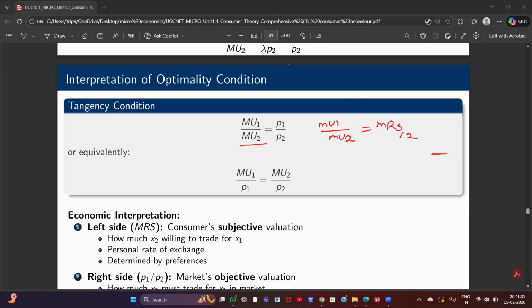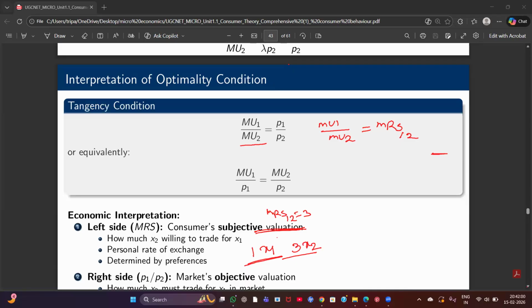If I say the value of MRS12 is equal to 3, that means the consumer will be trading 1 unit of the first commodity for 3 units of the second commodity. This is the trading position of the consumer because MRS12 equals 3. That means if I increase 1 unit of the first commodity, then I have to reduce 3 units of the second commodity.